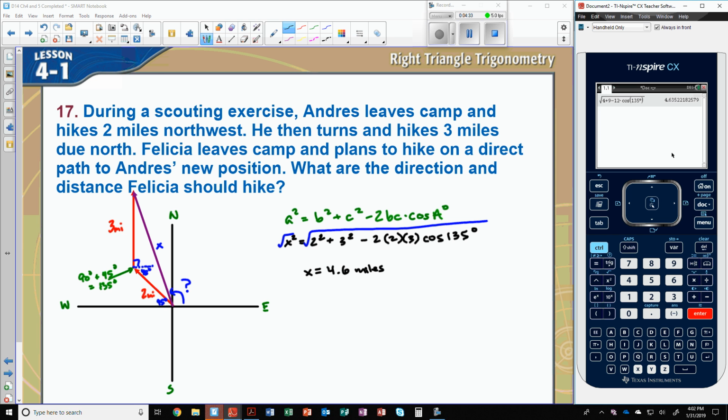Now that's the distance. Now how could I come up with that angle here? Well, if we found this angle there, then I could take this one and 45 away from 180 to find this angle there. So let's find this angle. I'm going to use the law of sines this time because I now have a completed set. Now that we just discovered that this is 4.6, I can solve for this angle using the 3 on the other side.